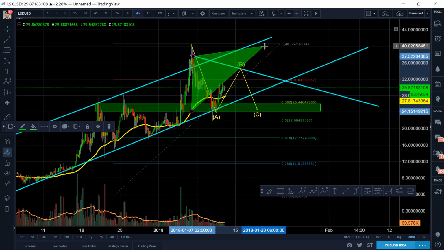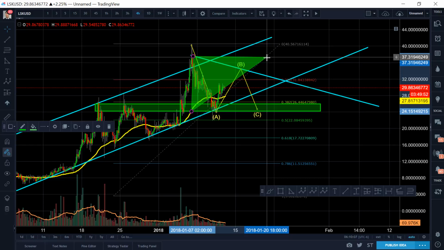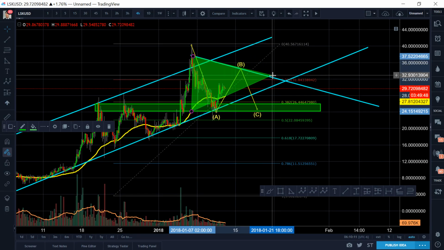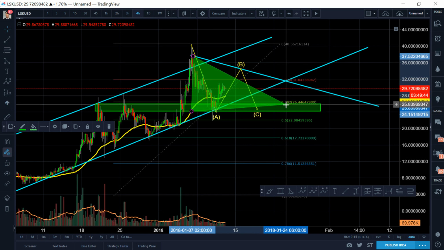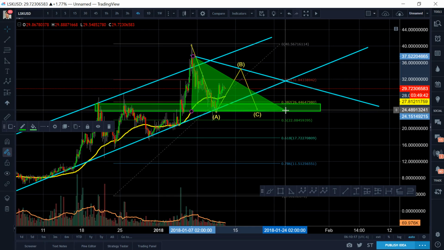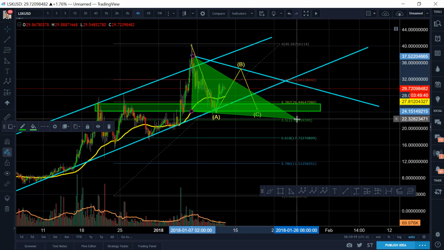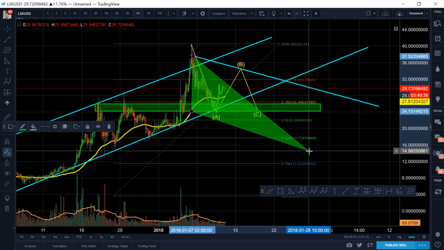It starts like this: a possibility, an ascending triangle during consolidation, and then it starts to go into a symmetric triangle, and then it starts to come down into a descending triangle, and then it might come down into a wedge, for example.